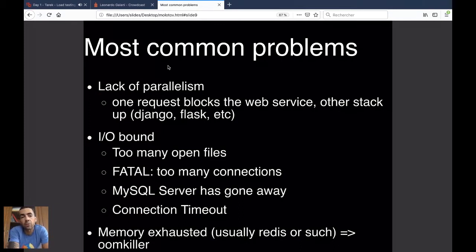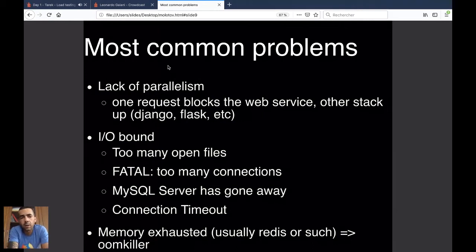And you start to have issues like too many open files, too many connections, or for MySQL, a common one is the "MySQL server has gone away" error, which happens when your web service stays around for hours and doesn't have a pool of connectors that recycles connectors. So a load test usually catches that. Connection timeouts and stuff like that.